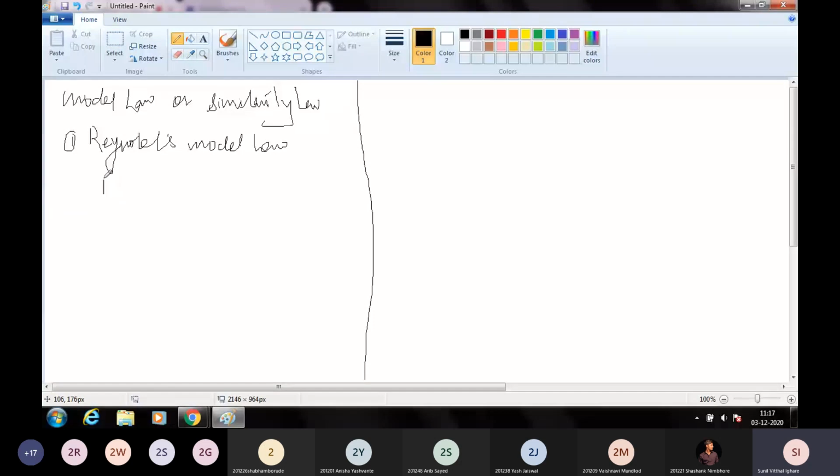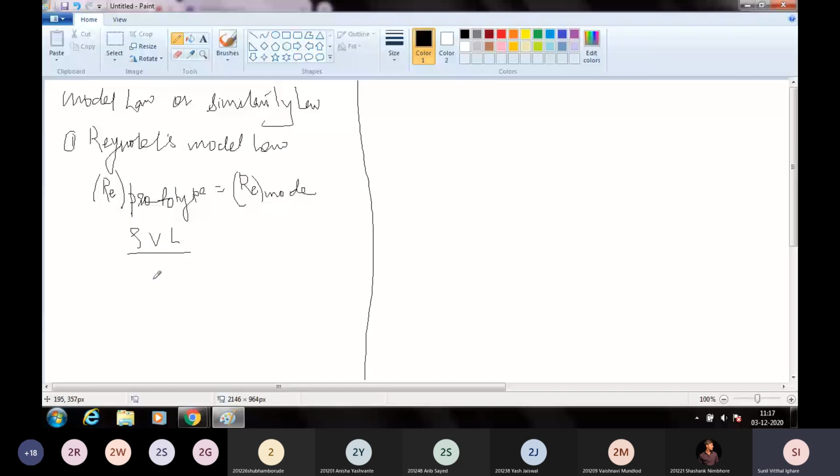So this is the Reynolds number for prototype, equal to the Reynolds number for model. What is the formula for Reynolds number? Re is equal to rho V D by mu. Instead of D, you can also write L, because the dimensional terms are the same: D you can calculate in meters and L is also in meters.